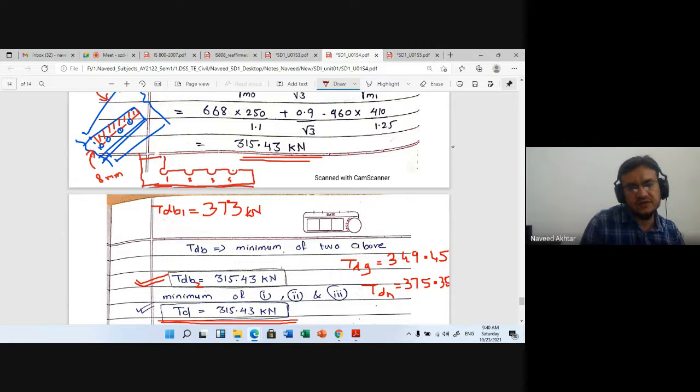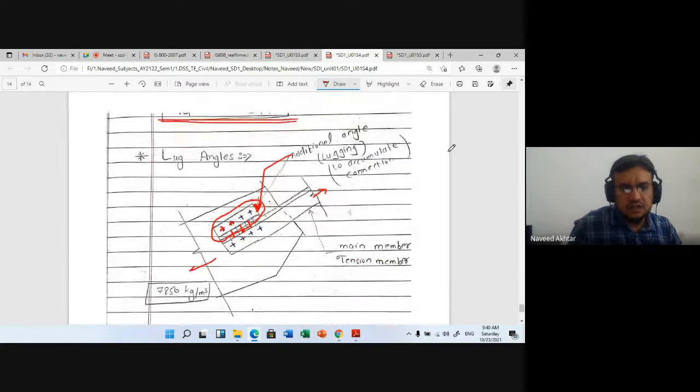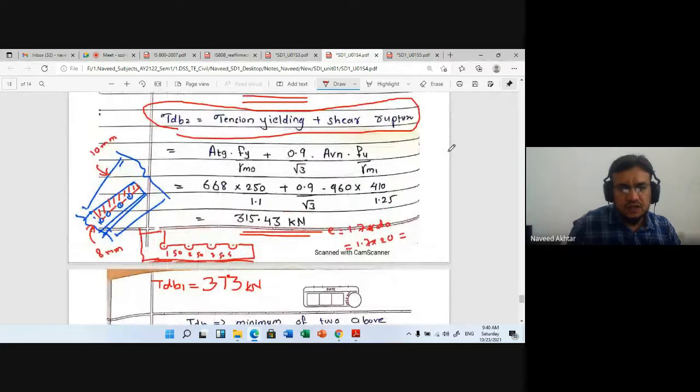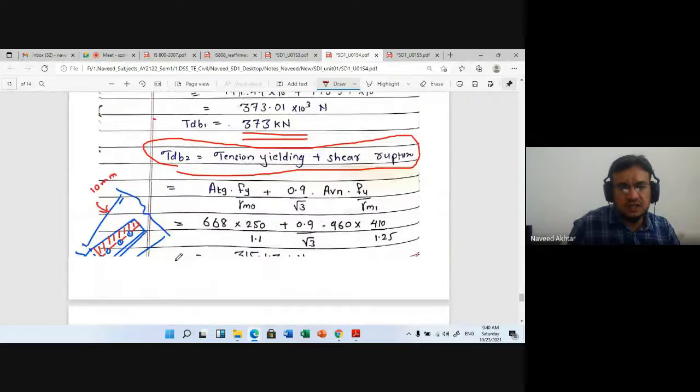Four bolts are already given in our design, and we know that the pitch distance is 50 mm, 50 mm, 50 mm, and the end distance you can find out as 1.7 times D0, so 1.7 times D0 is 20 mm. So you can find out that value. This is how the block shear failure occurs.